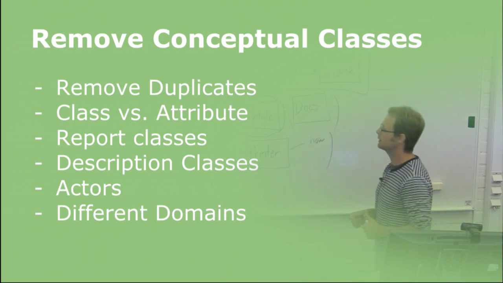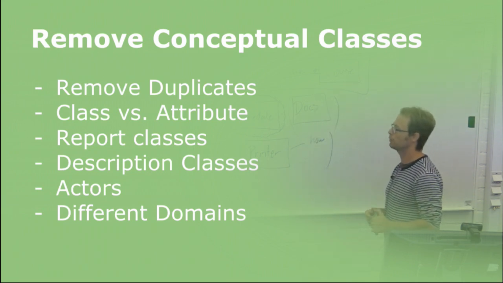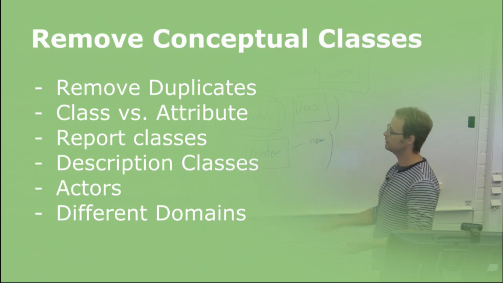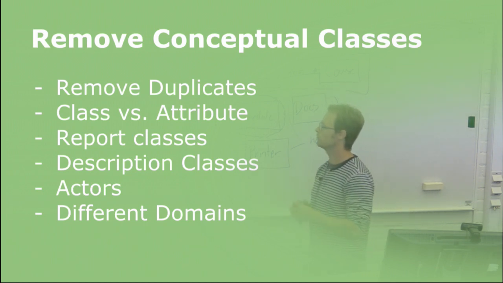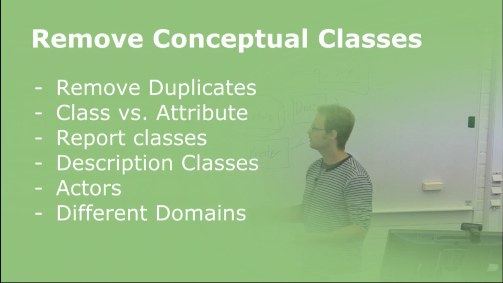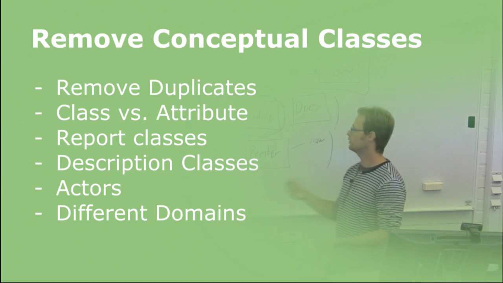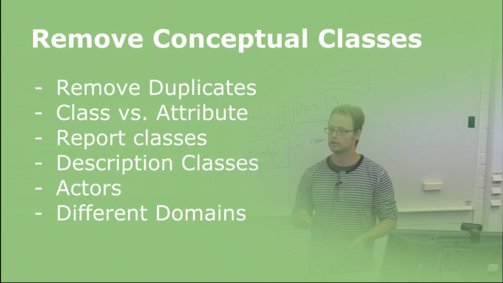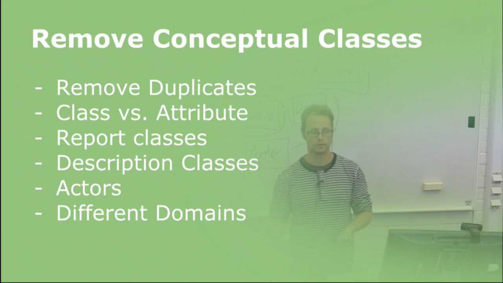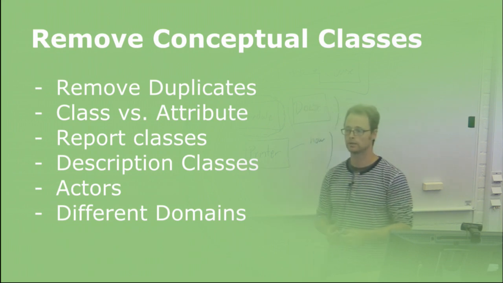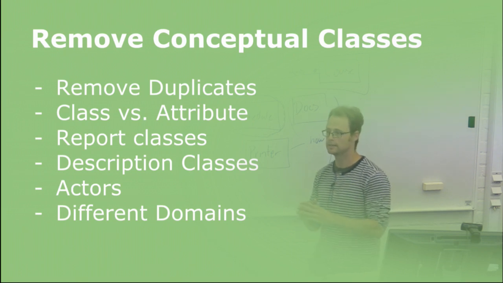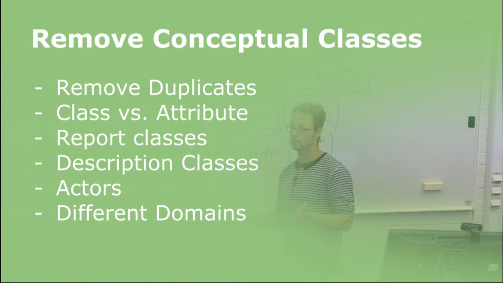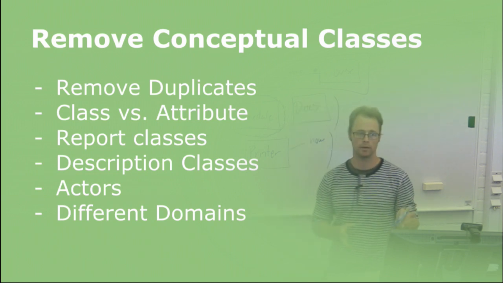I think the example that I have in the lecture is to think about price. Maybe we have items. Item is a concept. We have price also. So should we consider price to be a concept on its own? Or is it just an attribute of the item class? Is it a simple number, 52? Or is it something more complicated?